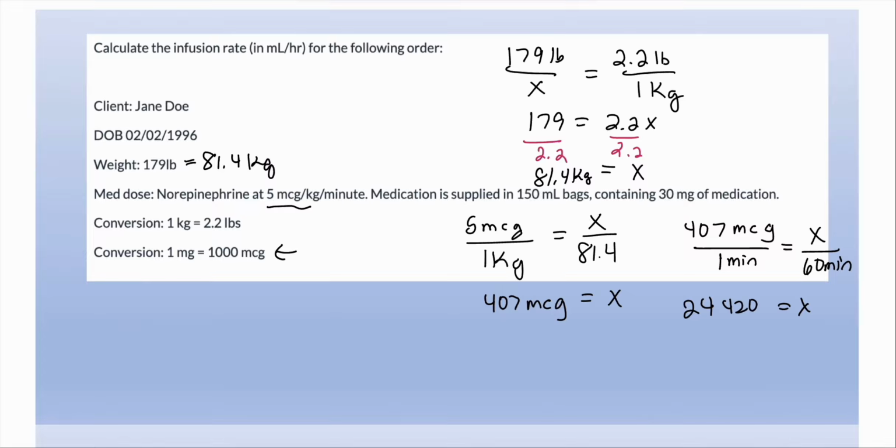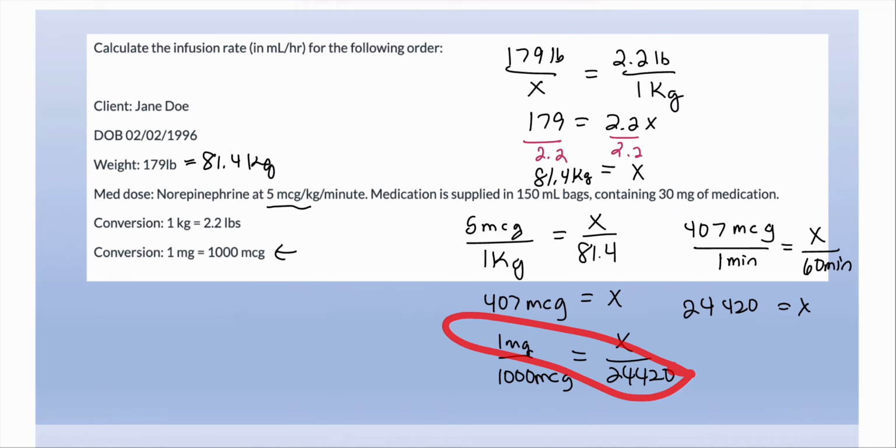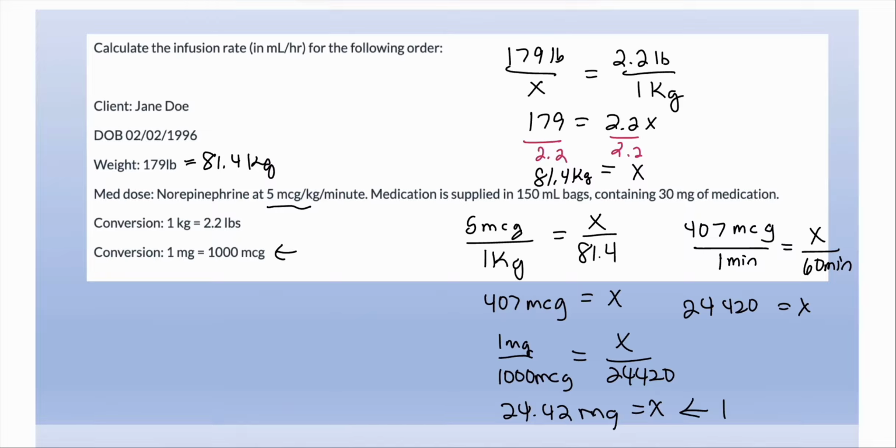Our bag contains milligrams, so if we know that 1 milligram is 1,000 micrograms, how many milligrams would be 24,420? What that does is we essentially multiply 1 by 24,420 and divide by 1,000. That moves our decimal place 3 over, so it's 24.42 milligrams. Okay, so that's how much we have to give in 1 hour.